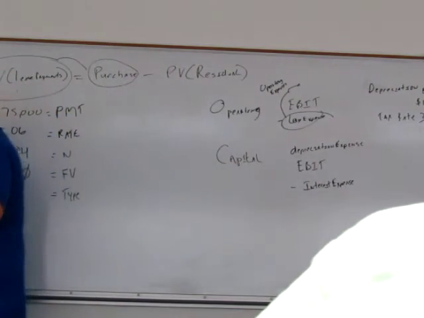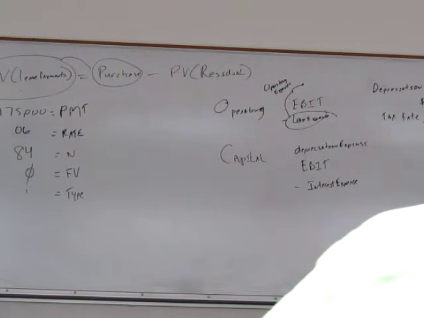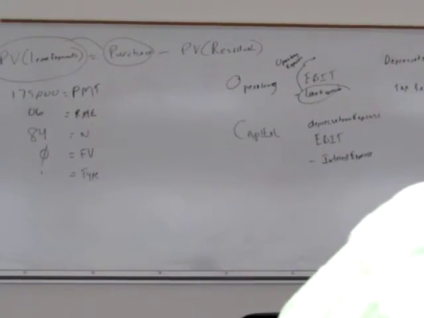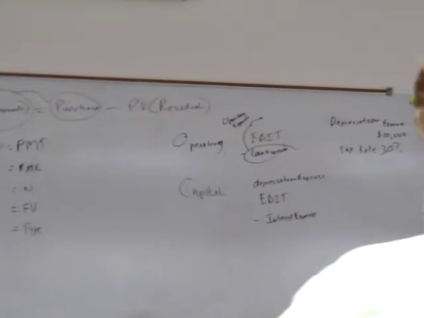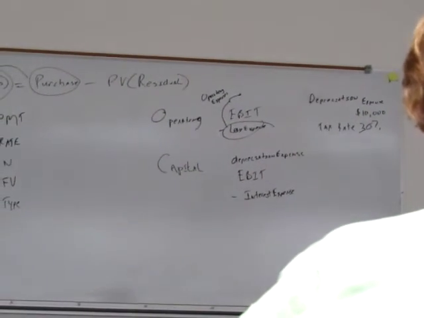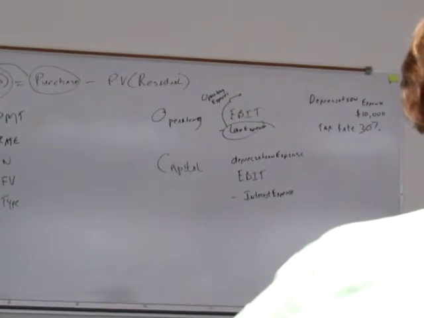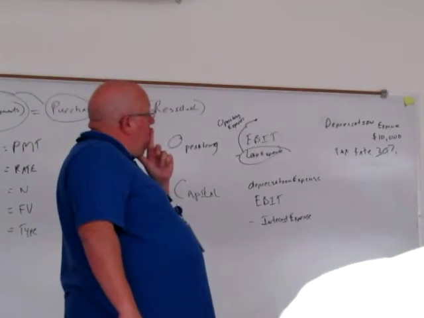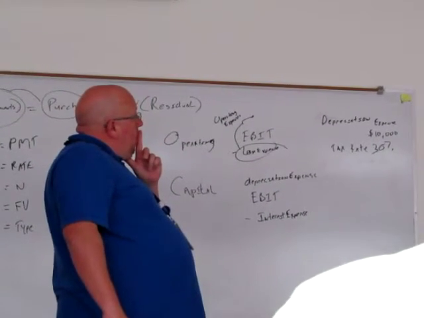What would be my tax savings from that capital lease? Ten times one minus 30. Say it again? 10,000 times 1 minus 0.30.